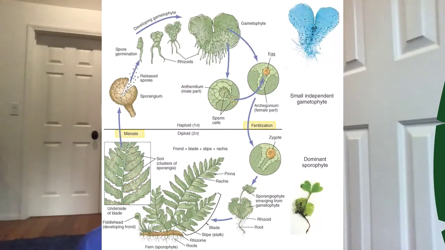So with its own root system, it's gaining water and nutrition from the soil. So the sporophyte and the gametophyte is also independent of the sporophyte. Because again, looking back at the top, you'll notice that there's no sporophyte up there. It's only the gametophyte because the spores got distributed away from the plant, okay, away from the parent plant.